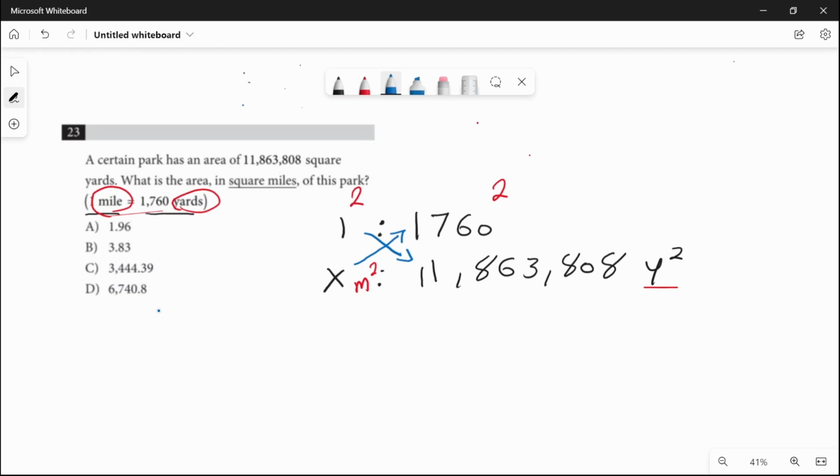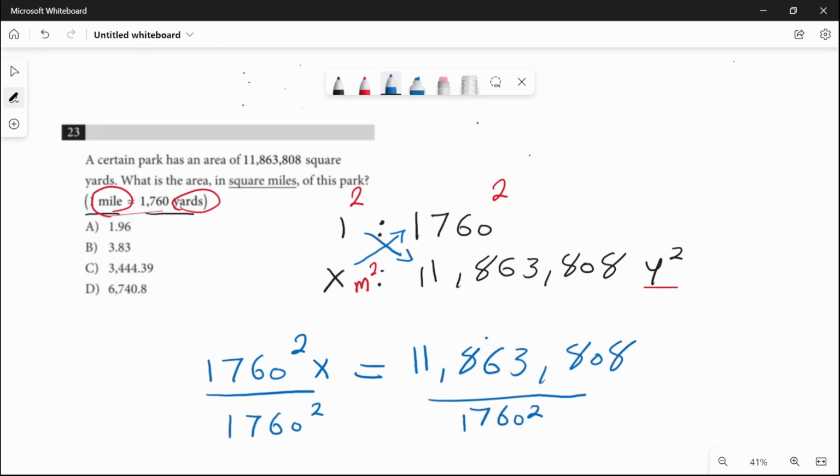So we will have 1760 power 2 multiply x equal to 11,863,808.